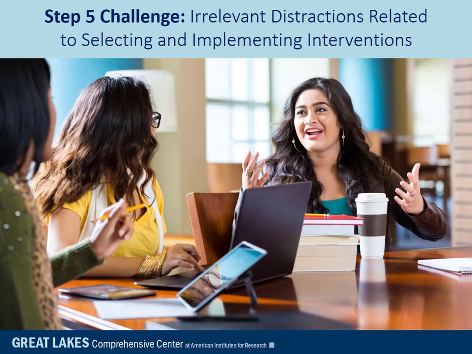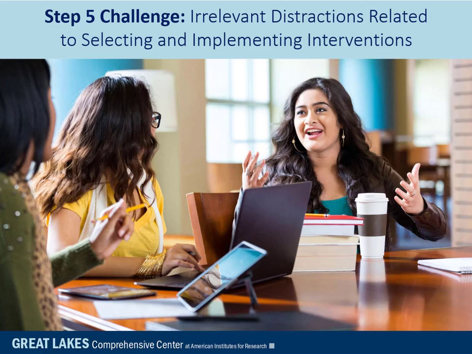The final common challenge associated with Step 5 is succumbing to irrelevant distractions when selecting and implementing interventions. This generally occurs when schools and districts do any of the following: implement an intervention because it is free. Implement an intervention solely because it is favored by someone in the district or someone with influence in the community.